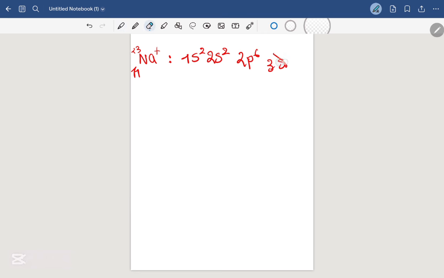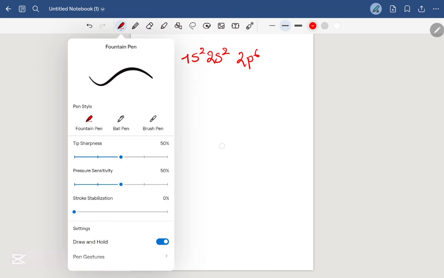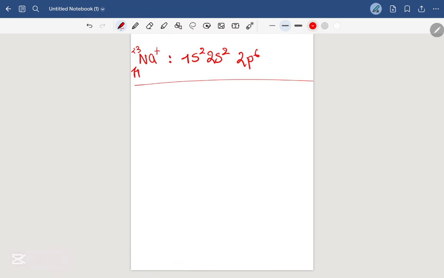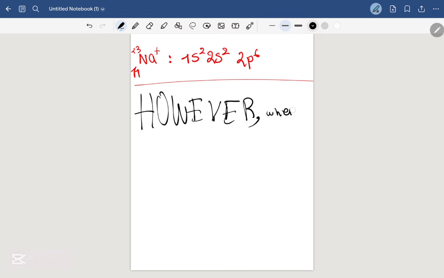So you always remove the electron from the last sublevel. However, when it ends with a d subshell, we remove electrons from the nearest s.